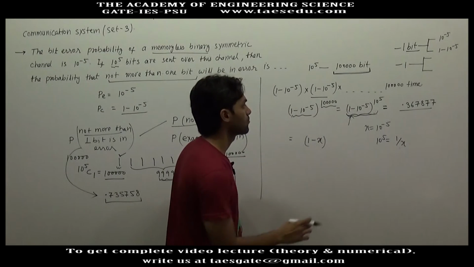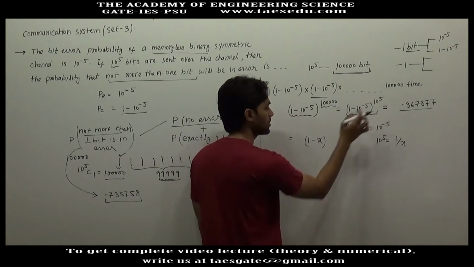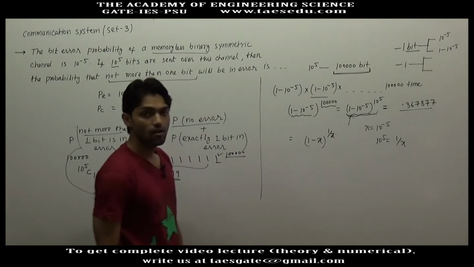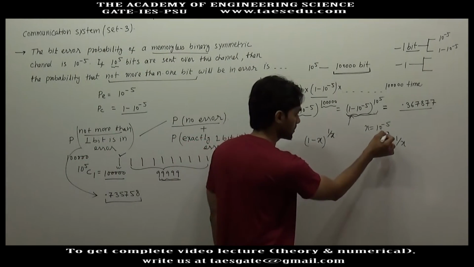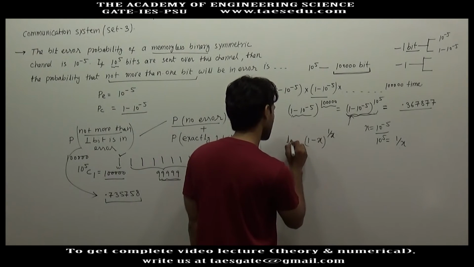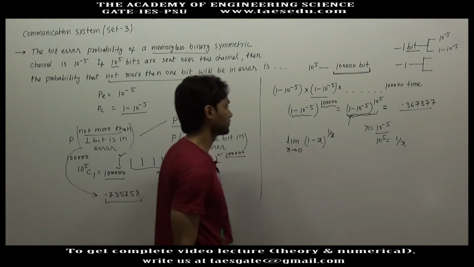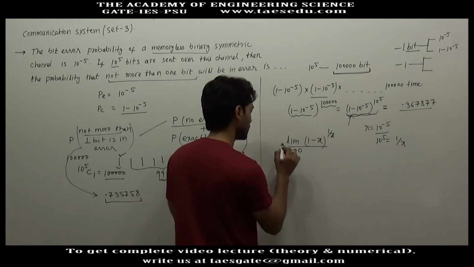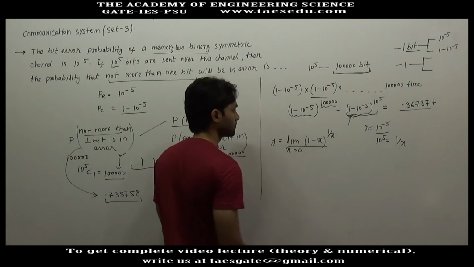So basically we have to find out 1 minus x to power 1 by x, where x is a very small quantity. Then take limit x tends to 0. So we have to find out this quantity, and let this quantity be y.